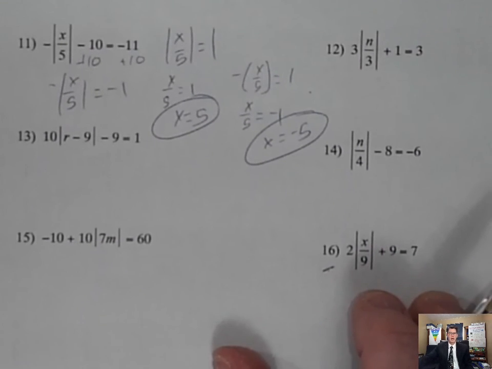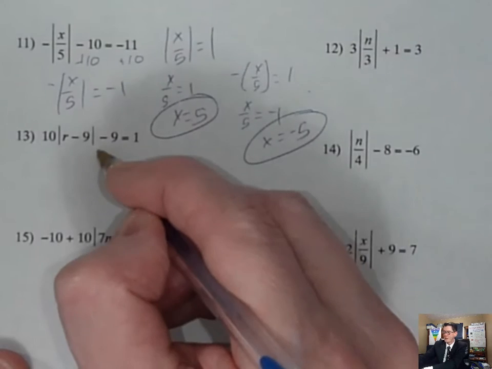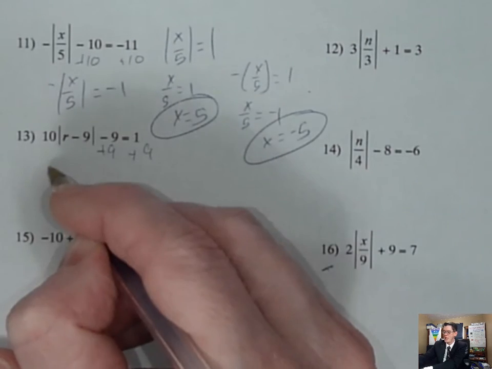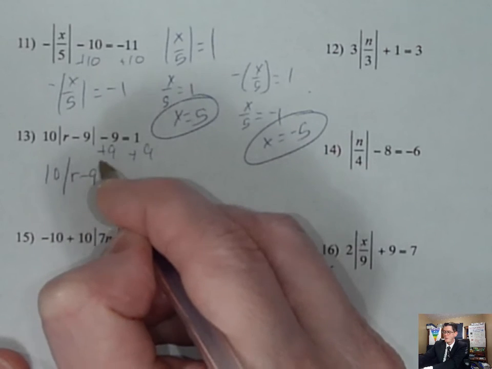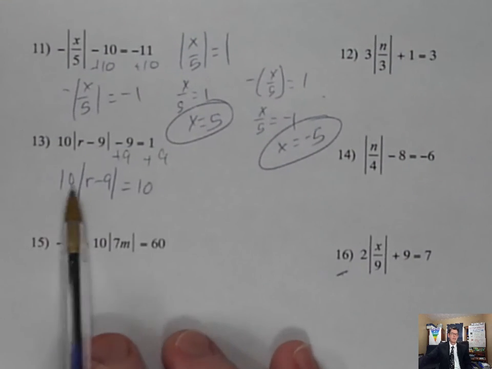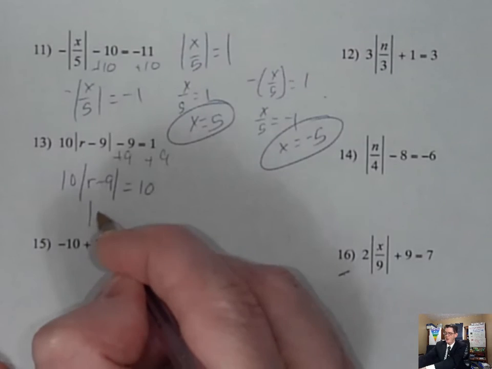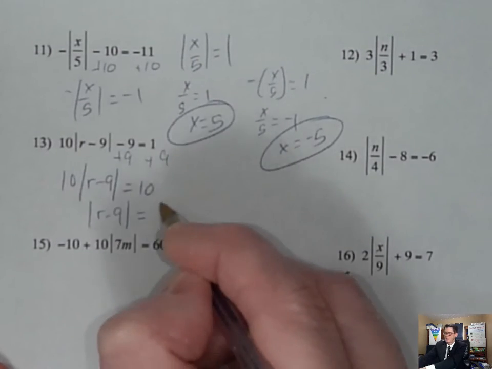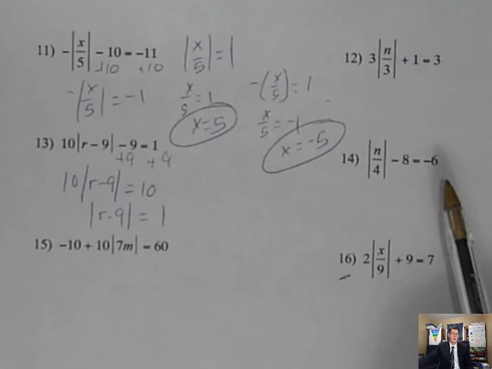And maybe let's try 13. Looks a little complex, but when we add 9 to both sides, suddenly it's not so complex. Divide both sides by 10, so the absolute value here is 1.